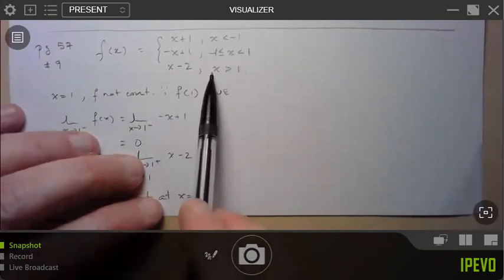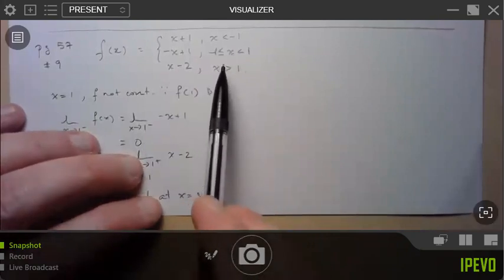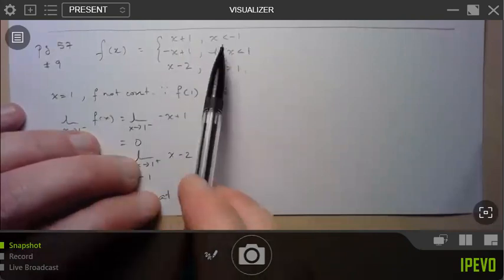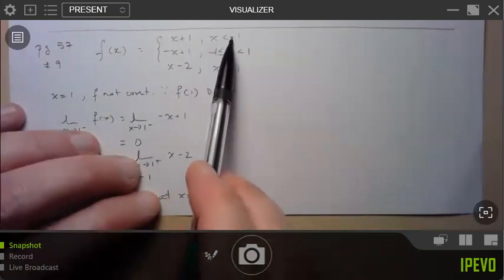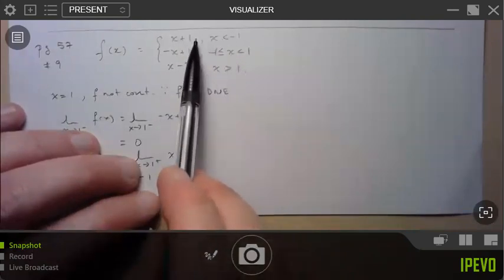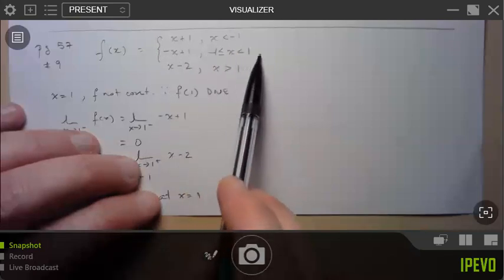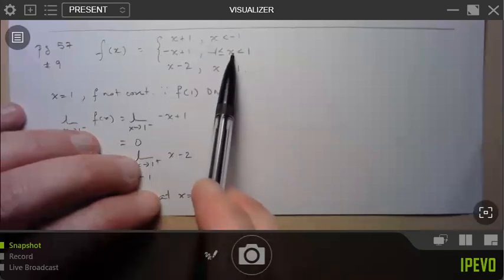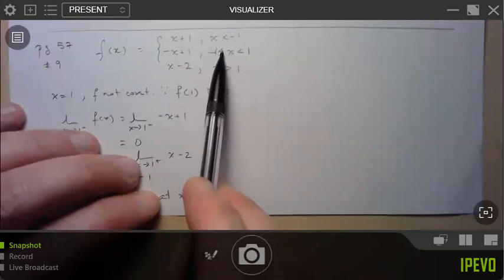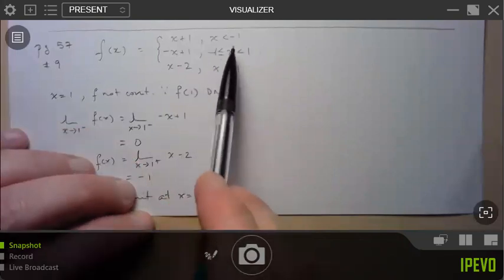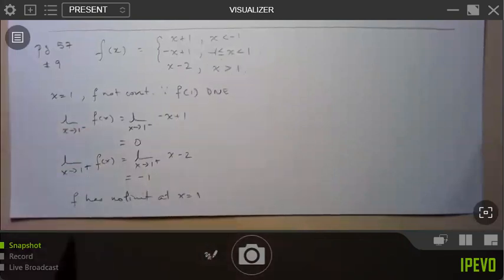It's defined for x greater than 1, but never at 1. Whereas at -1, well, here it's defined for x less than -1, but in this middle scenario, it's actually defined for x greater than or equal to -1. Okay, so that's why it's defined at -1, but nowhere is it defined at +1. Okay, does that answer the question?